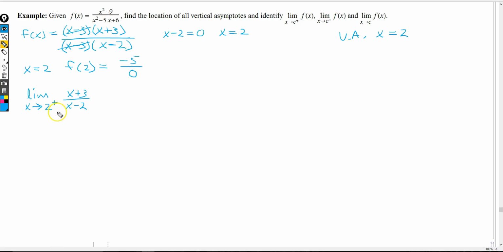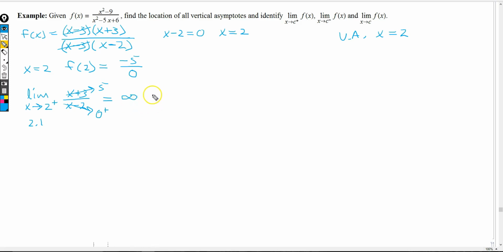Now notice as x approaches 2 from the right, x is going to be taking on values like 2.1. So the numerator is approaching 5. The denominator is approaching 0 from the right side, right? Because if I put 2.1 in here, I'm going to get a small positive number in the denominator. 5 divided by a very small positive number is going to be a very large positive number.